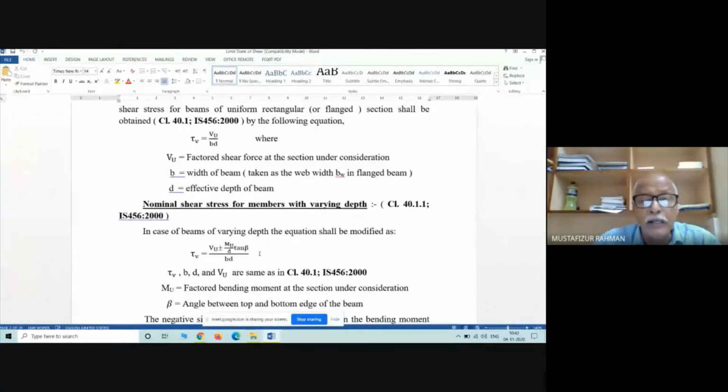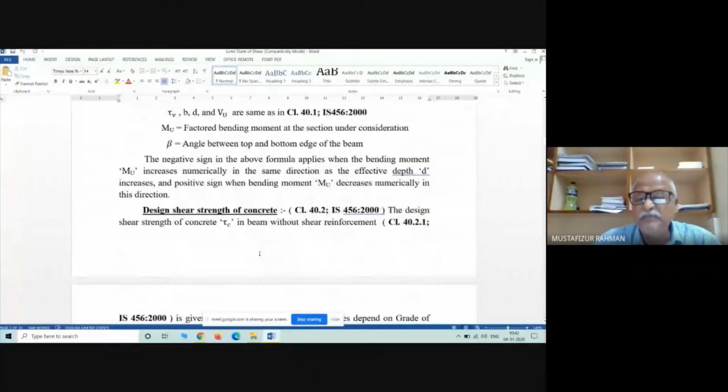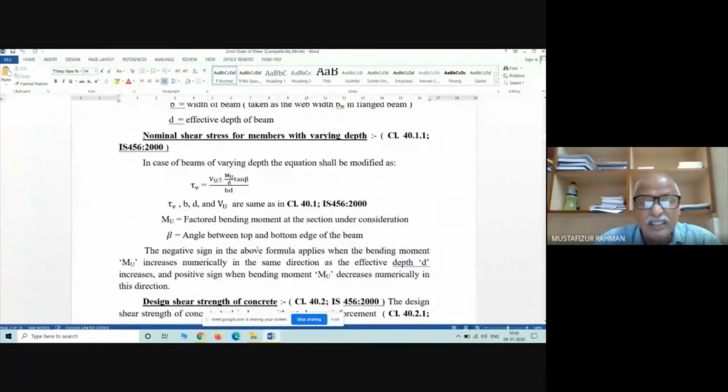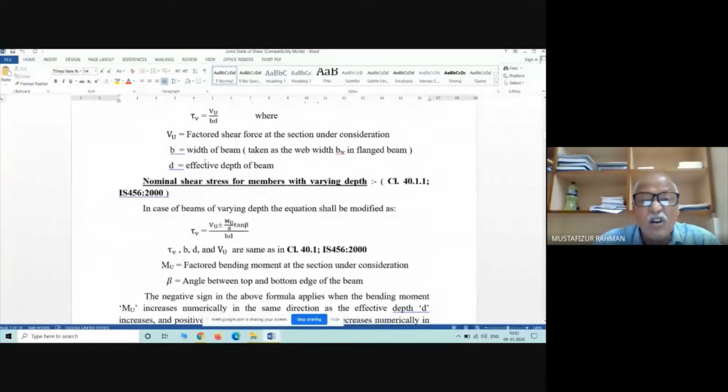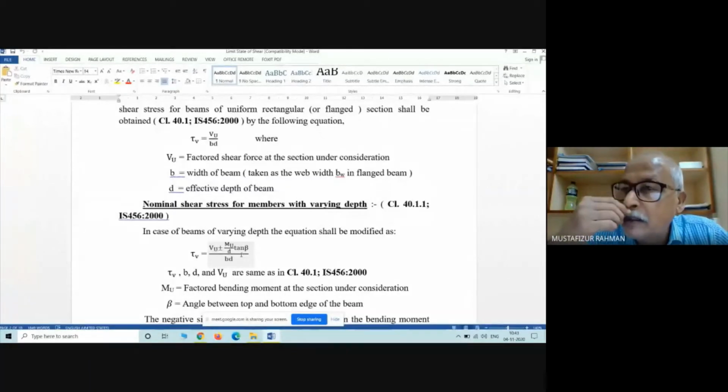Then the problem is coming. This tau v, whether for a rectangular section or for a tapering section, will get some value. In our beam, the beam may be without reinforcement or with reinforcement.